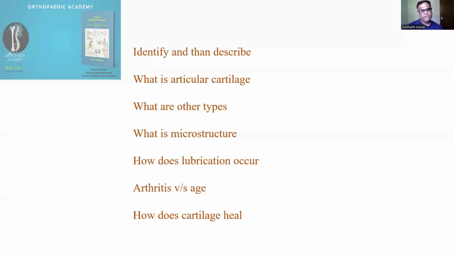So coming to the next question, which is again an important and advanced question. What is the difference in arthritis versus aging? In aging, cartilage becomes stiff, whereas in arthritis, it becomes more elastic. In aging, chondrocytes become bigger, but the numbers become less.